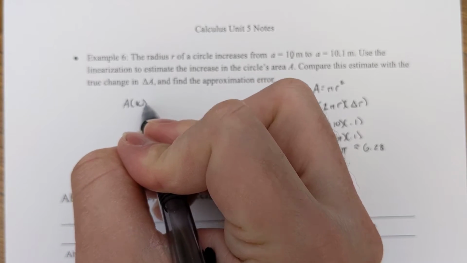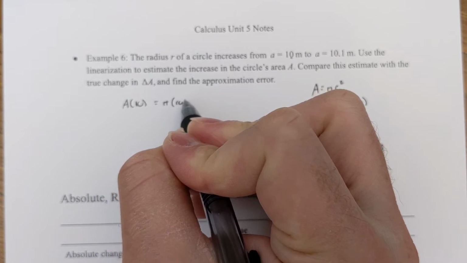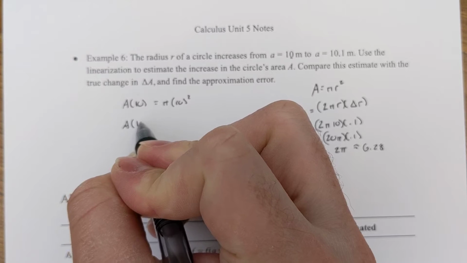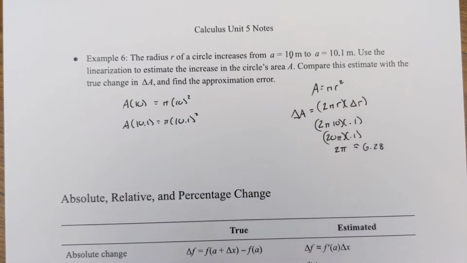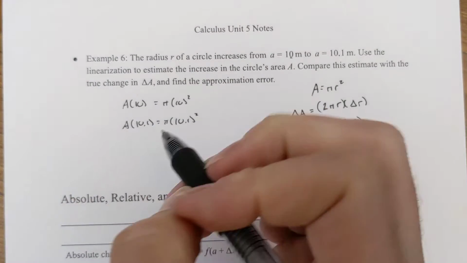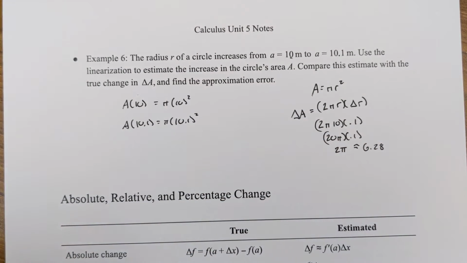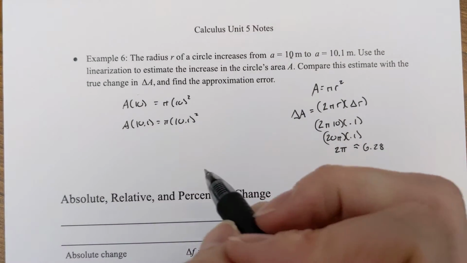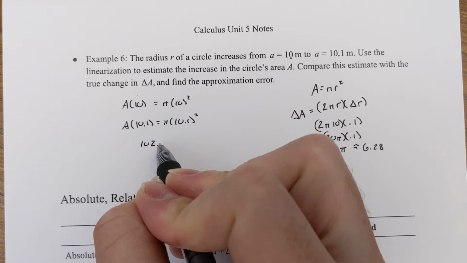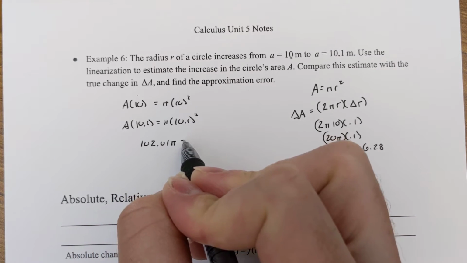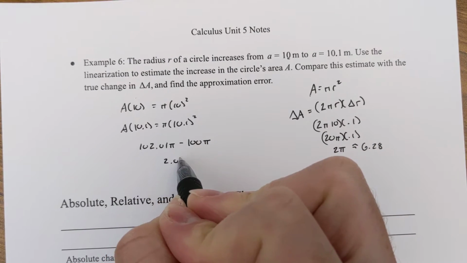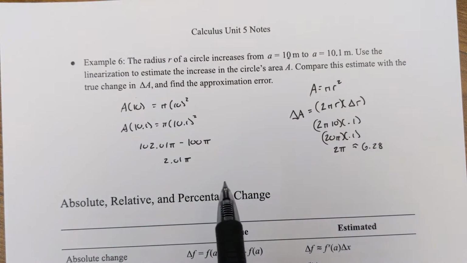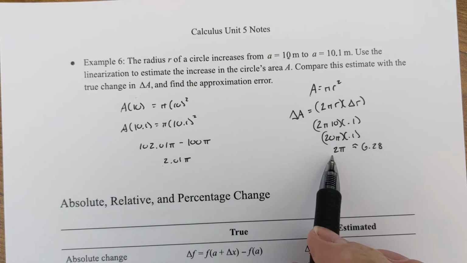The area when the radius is 10 would be pi times 10 squared. The area when it's 10.1 would be pi times 10.1 squared. So 10.1 squared is 102.01 pi, minus 100 pi, is 2.01 pi. So that's the true change, 2.01 pi.